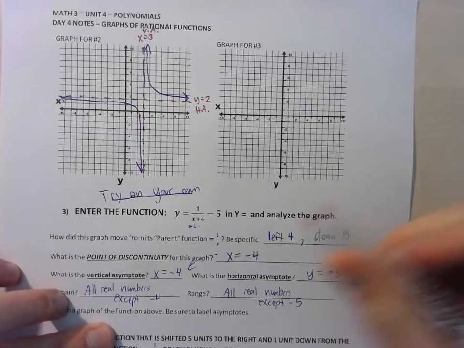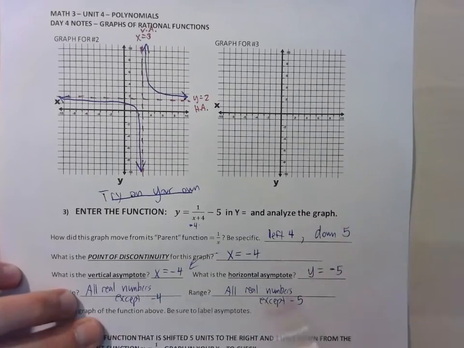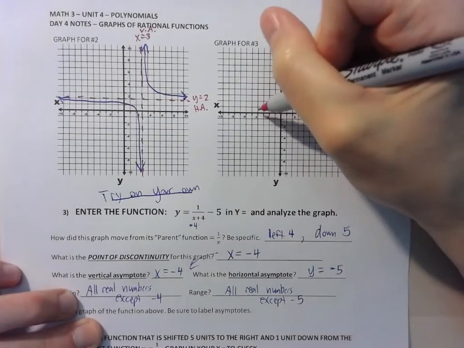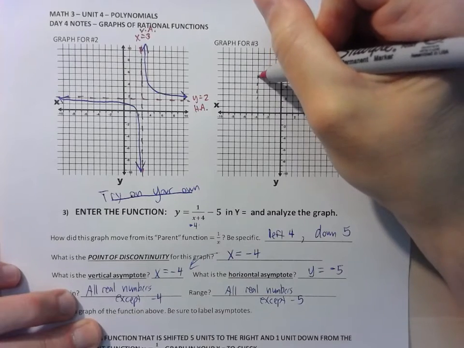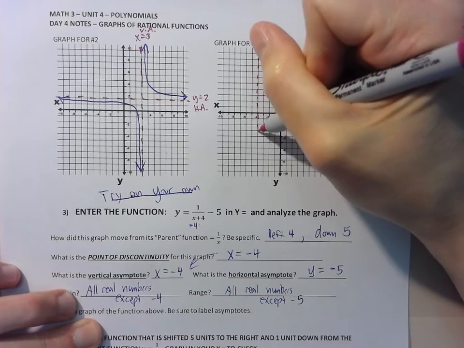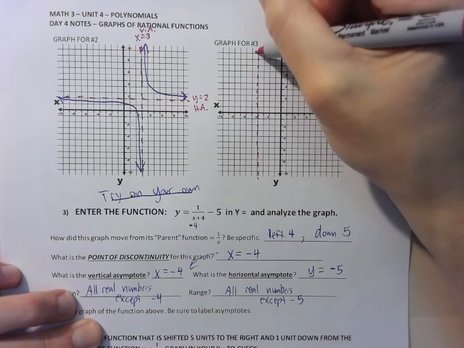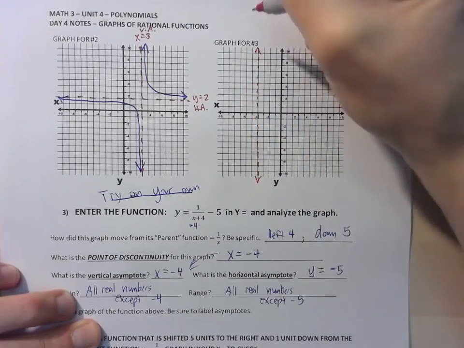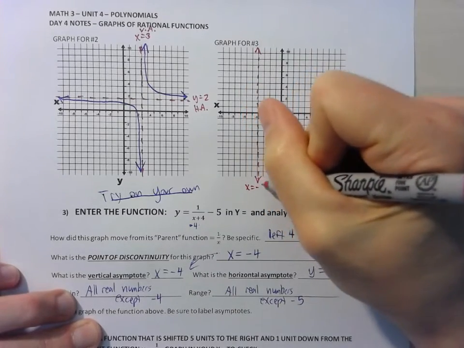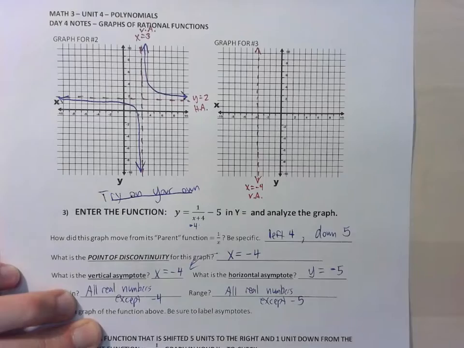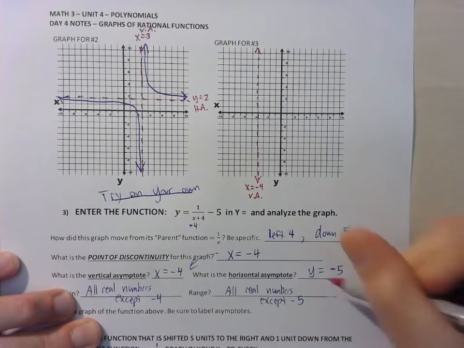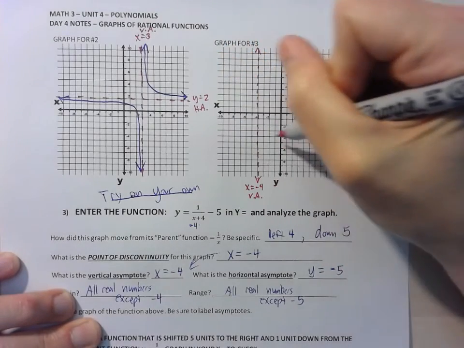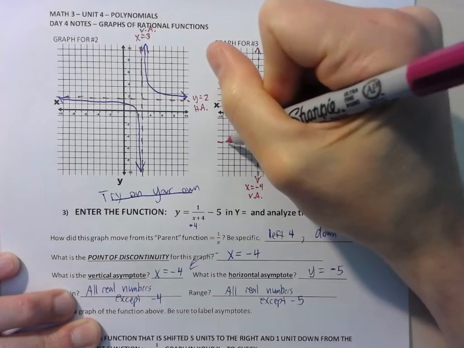You're going to draw your vertical and horizontal asymptotes. So I'm going to go to minus 4. There's your vertical asymptote, x equals minus 4. And your horizontal asymptote is going to be y equals minus 5. That's going to be right here.